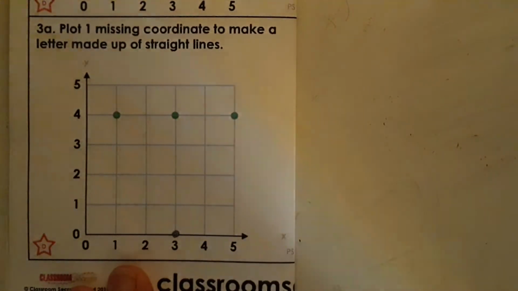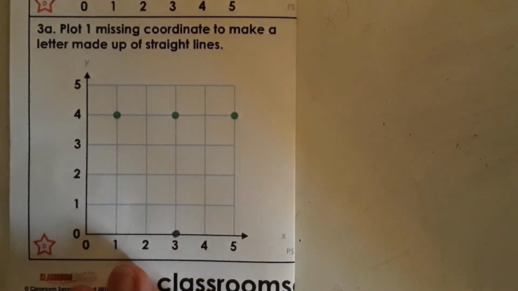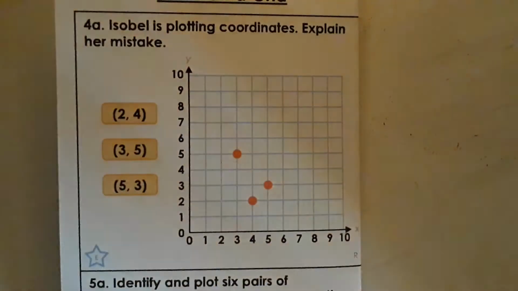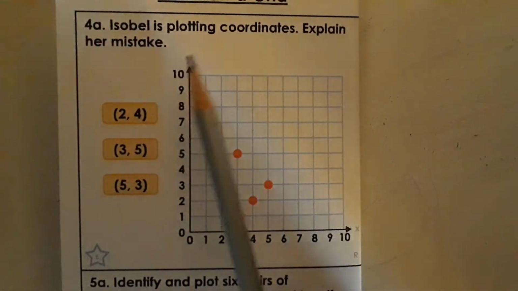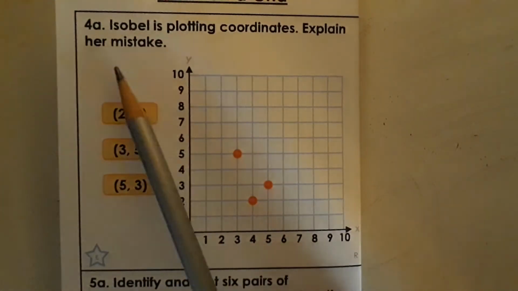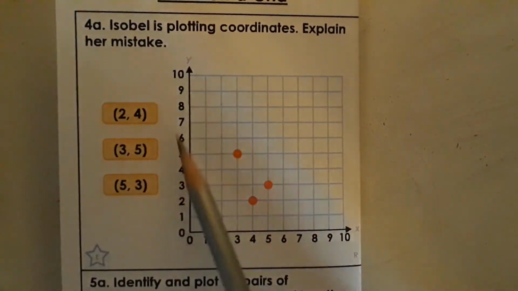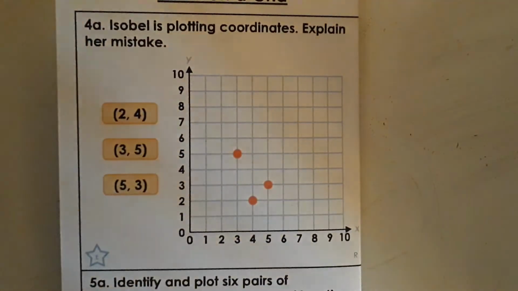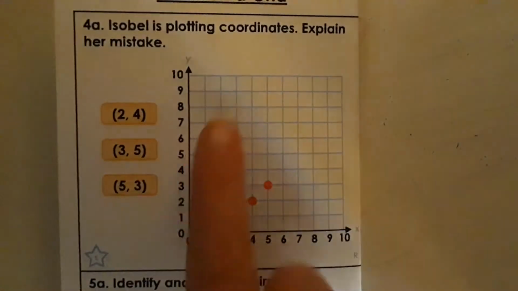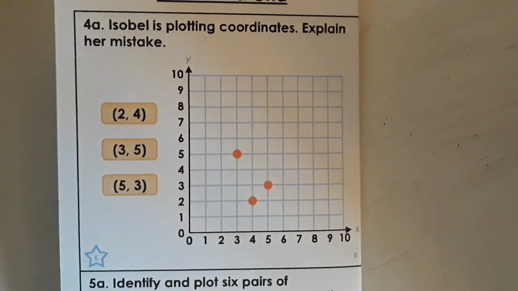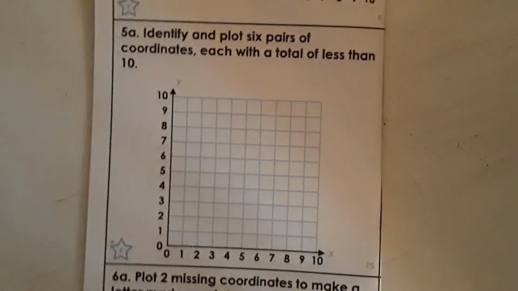So we're just going to have a very quick shoot through the expected. Isabella's plotting coordinates, explain her mistake. I should imagine it will be a very similar mistake to the one on developing. You've just got a bigger grid to deal with and more coordinates.